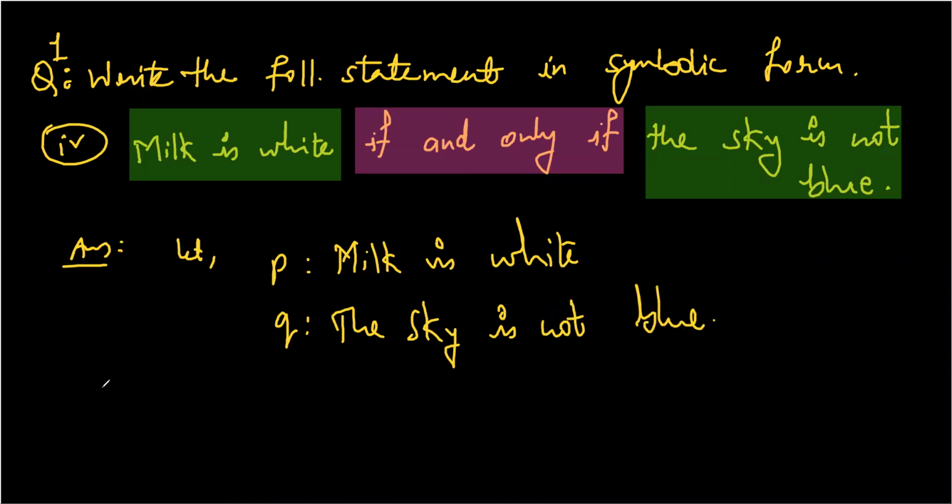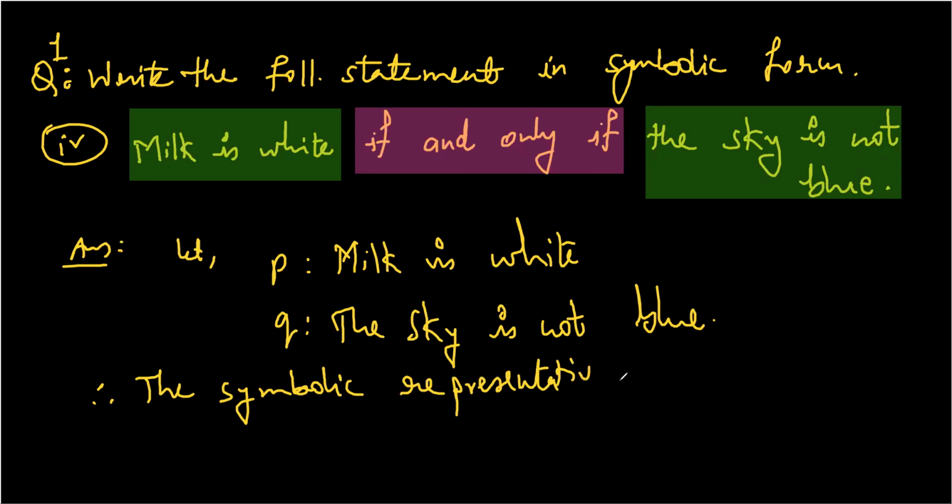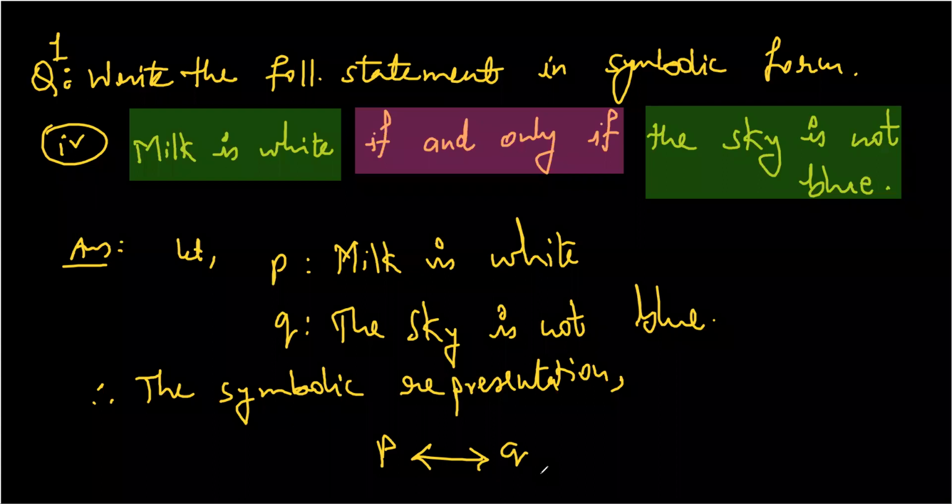Then I will write, therefore the symbolic representation is P double implication Q. Okay, students, we are going to write a very important statement here.